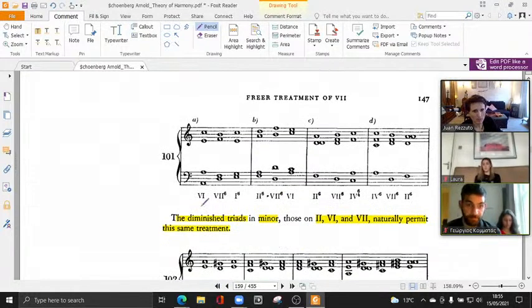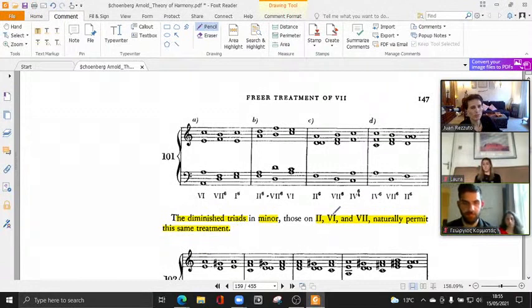So that's why you have a couple of examples. Yes, so 6, 7, and 6, 1 and 6, 2, 7 in 6, 6, 2, 7, 6, 5, 6, 4. This is very interesting. And then 4, 6, 4. This is the diminished triad in minor.